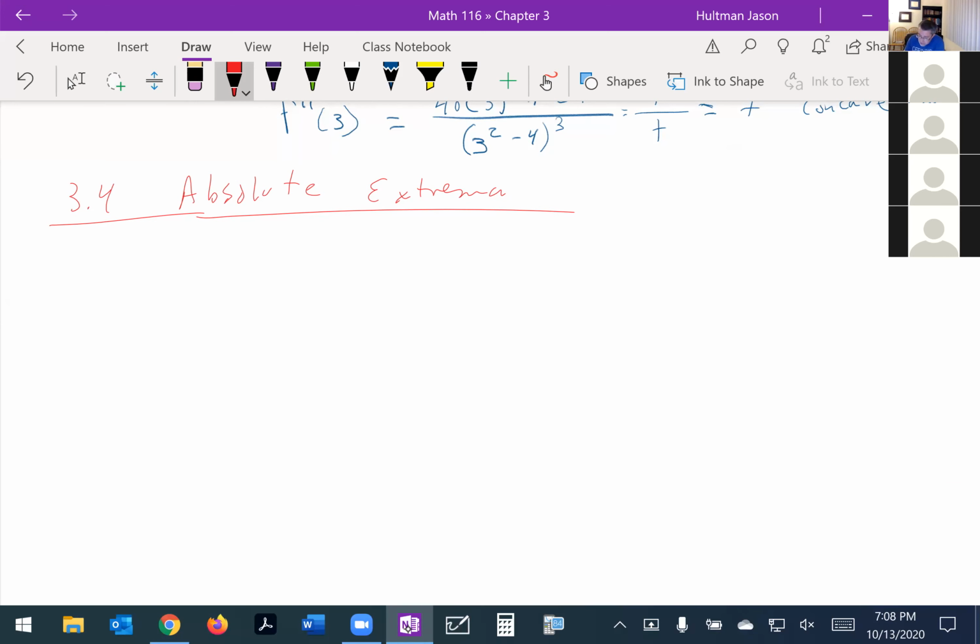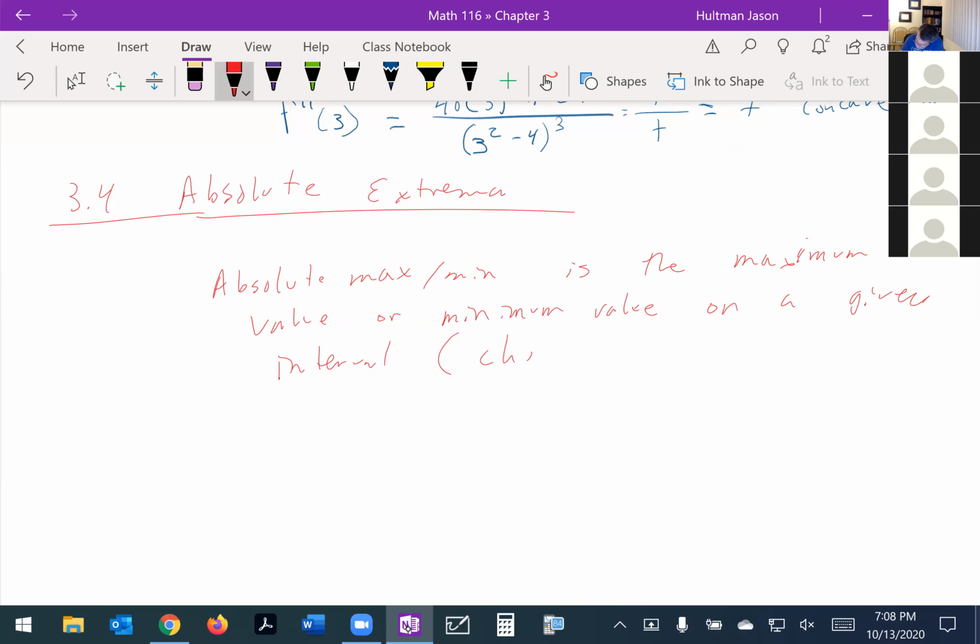An absolute max or min is the maximum value or minimum value on a given interval.